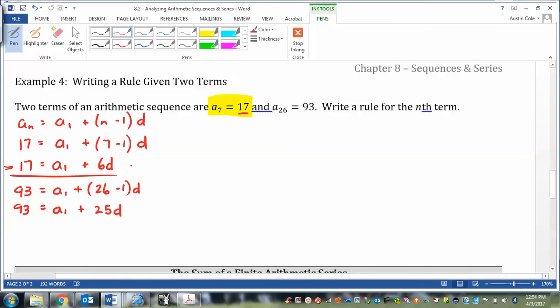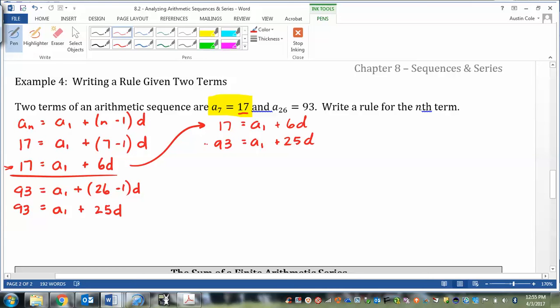Okay? So what I'm going to do is I'm going to take this equation right up here, 17 equals a sub 1 plus 6d. I'm going to use this equation, 93 equals a sub 1 plus 25d. And what I'm going to do is I want to try to eliminate a variable.